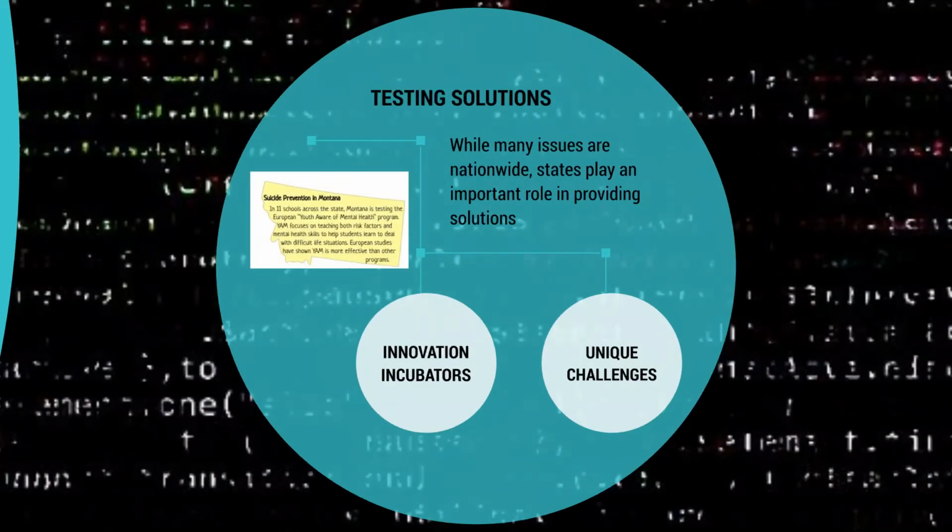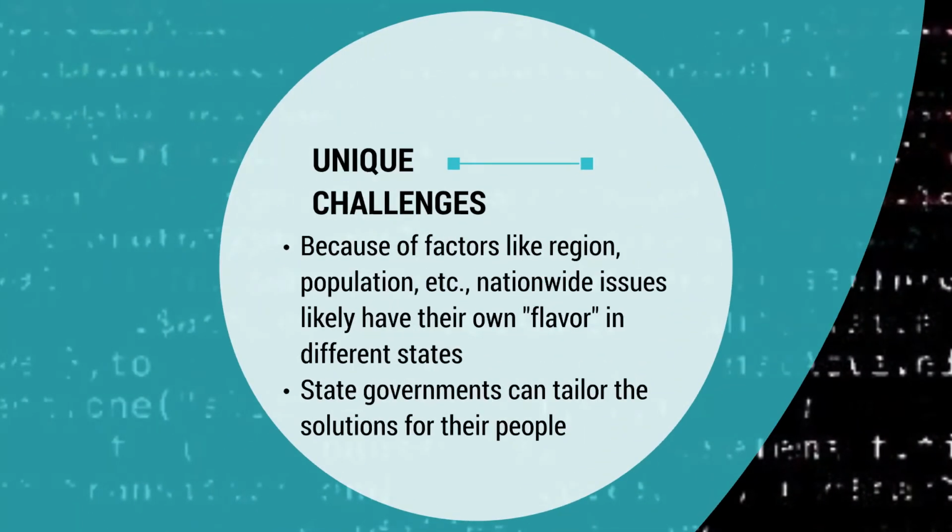All right. Also, this is a quick one here, testing solutions. Many issues are nationwide issues, but not all of them. And even the ones that are look different in different places. Because of factors like region and population, nationwide issues usually have their own flavor in different states.